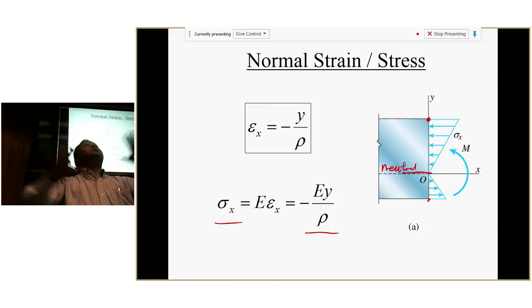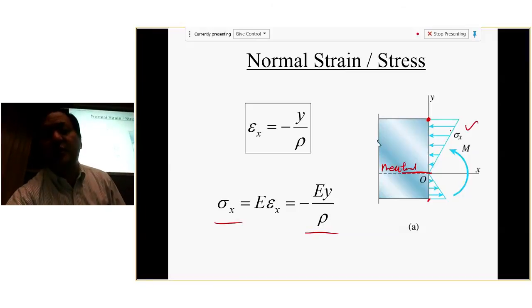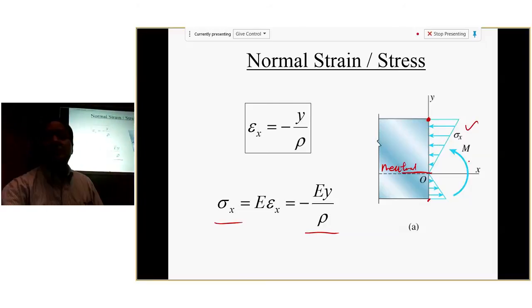How is stress related to the moment? If you have this distribution here, with the stress distributed this way, can you calculate the moment? Let me change the question.